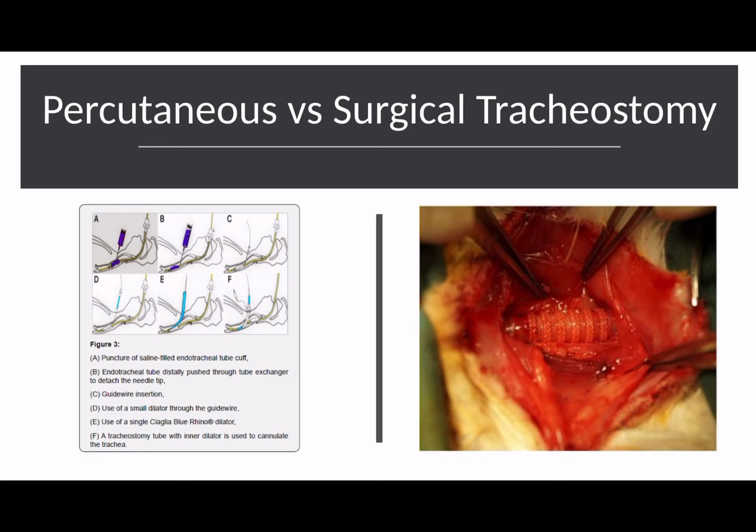Now, the important part of that is, if you imagine you've dilated everything up, all of those tissues can then spring back again. So that tract can close up very quickly if the tracheostomy comes out. And that's important.